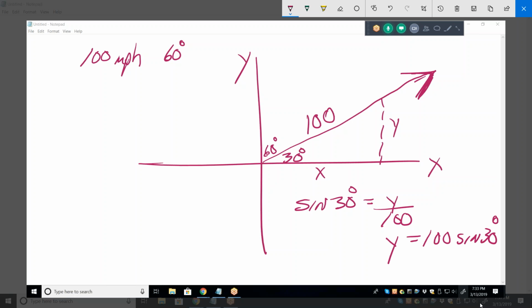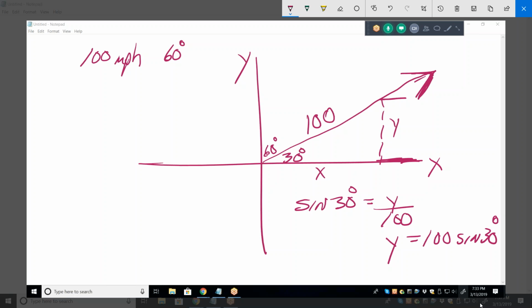And y is the vertical amount flown. Actually, excuse me, all of these are going to be vectors. So y is essentially the vertical rate of speed that the plane is traveling.